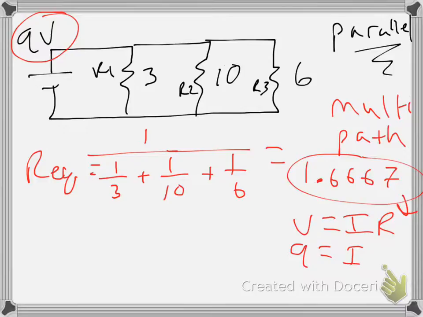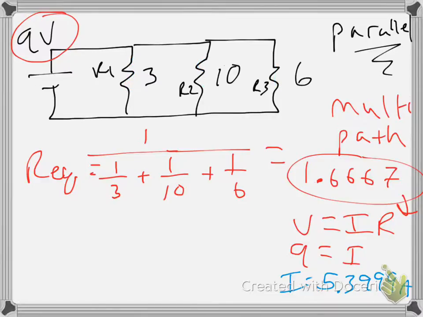So 5.3999 as a current. That is supposed to be a 5. Goodness gracious. Alright, and so what's difficult here, though, is current isn't going to be the same in each of these resistors. In fact, all of those currents better add up to be 5.3999.